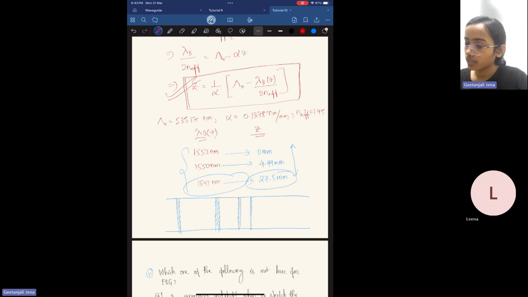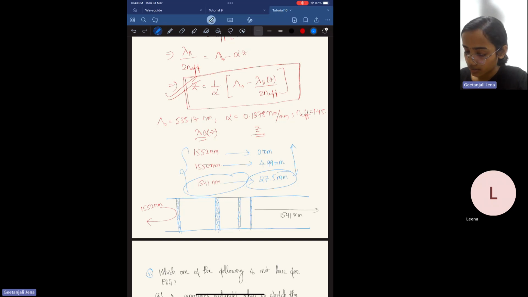For this fiber, we'll see that at the output end we'll have 1541 nanometer, and the 1552 nanometer is reflected at the input end.